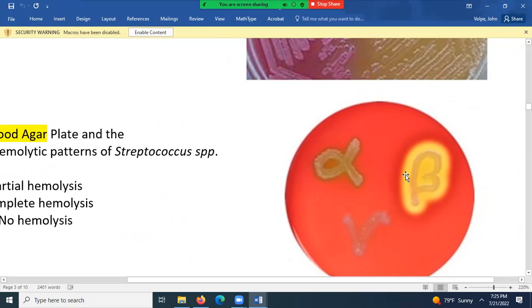So right there, it's not red, it's clear, because all the red blood cells have been lysed by the beta hemolytic bacteria shown in white. And this isn't white, that's clear. If you were to hold this plate up to your eye, you could actually look through it right here.